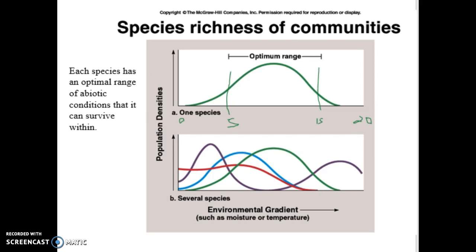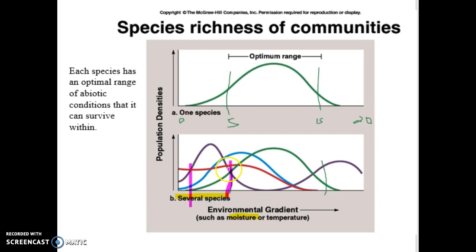Now when we look at the community and the diagram below, and we're talking about rainfall for the community, there's a bunch of different species. What you notice is the green species has its optimum range roughly between 5 and 15. The purple species does much better when it's drier. So if it's down here at maybe 2 or 3 inches of rain, it does well up until about 5.